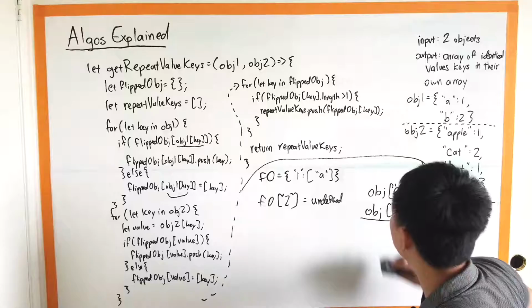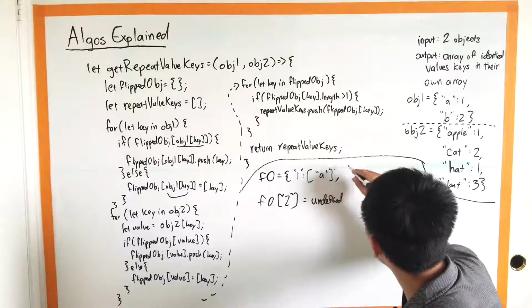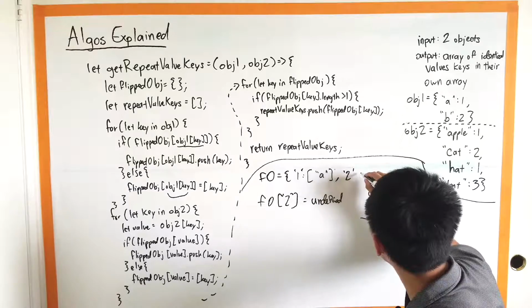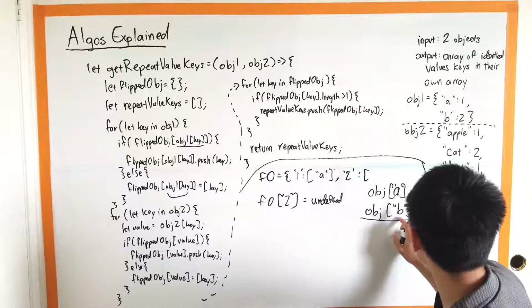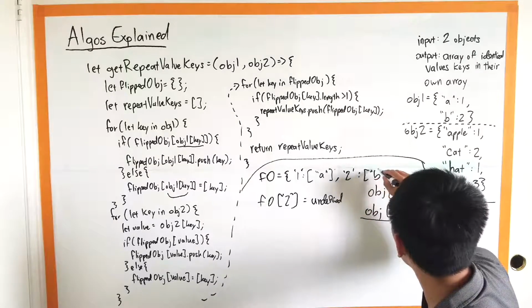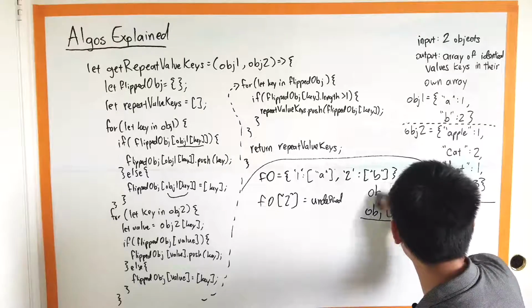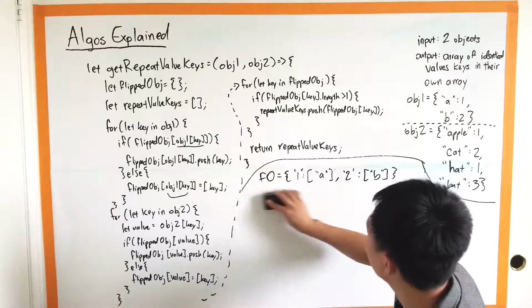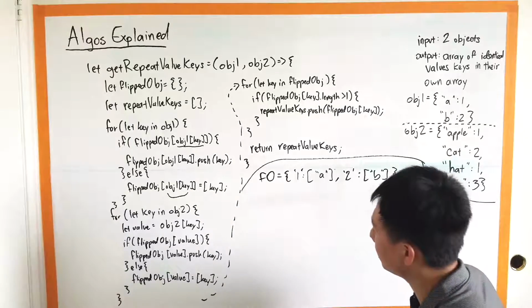So we expand this, comma, 2 is going to point to an array, and the key, what was the key? The key was B.